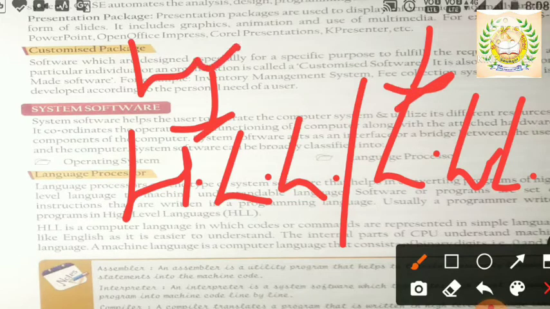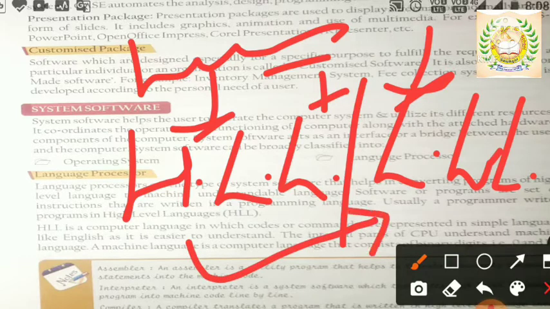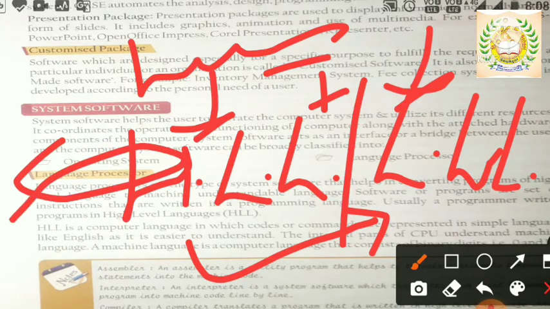There are two types of language in computer literacy. The conversion from high level to low level is done by the language processor.